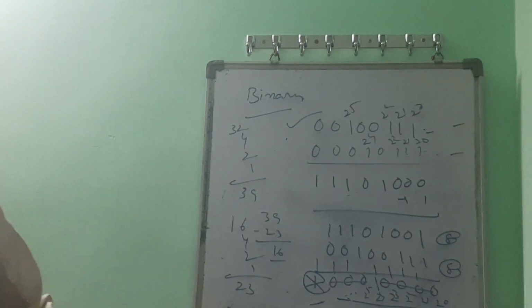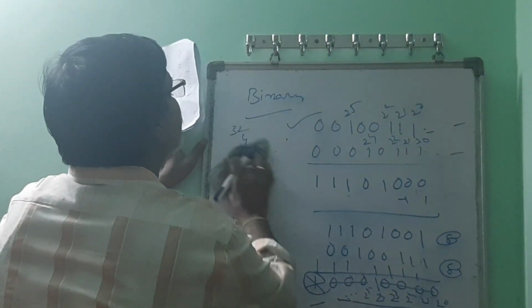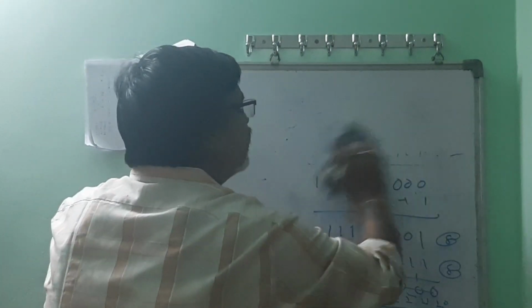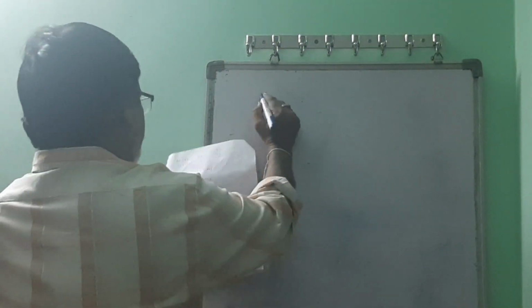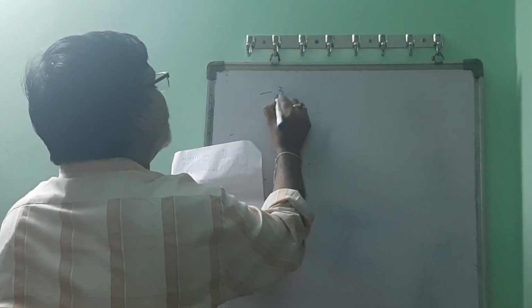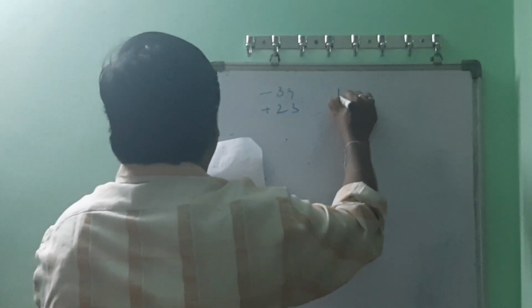Okay. Now let us take one more example. So here, minus 39 plus 23, as previously.